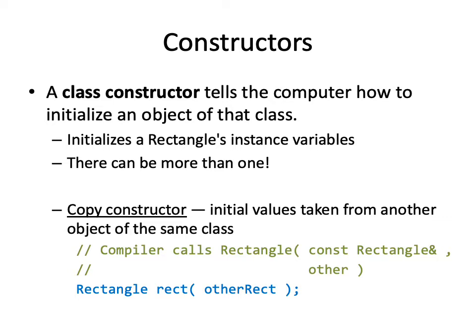So here I'm declaring a variable called rect and initializing it using this other rect as my source. It's going to take that other rectangle and copy its width into this rectangle, and copy the height from that other rectangle into this rectangle. That's why it's called a copy constructor, because it's copying the values from one rectangle into this rectangle.